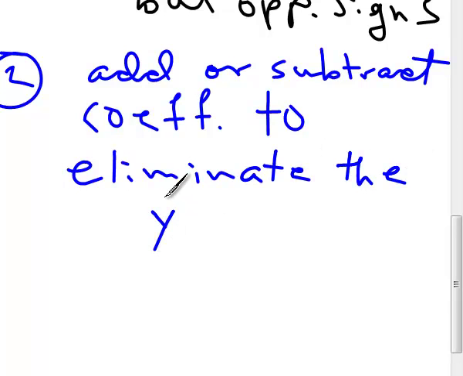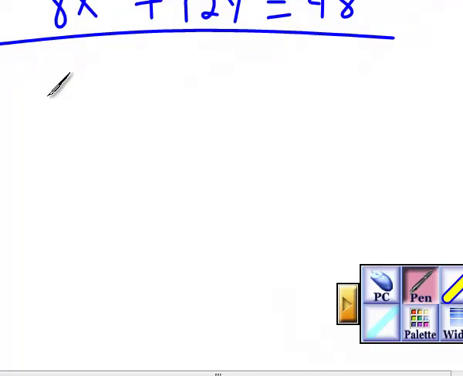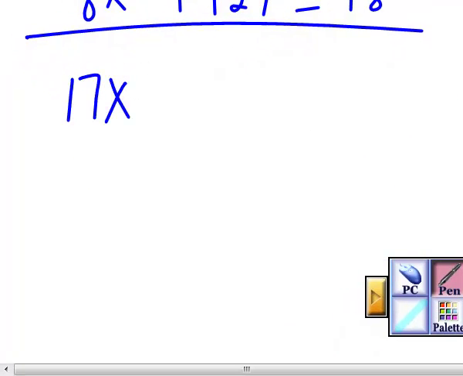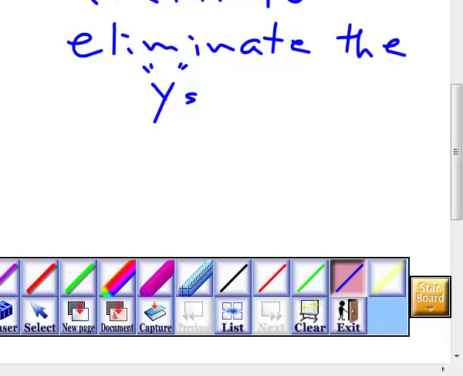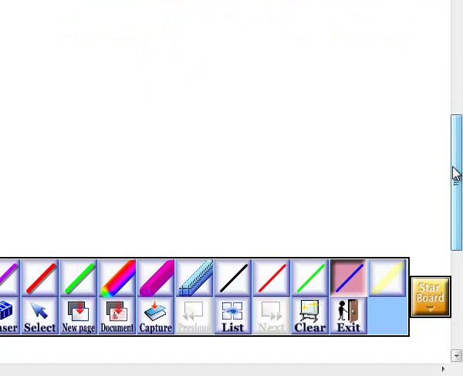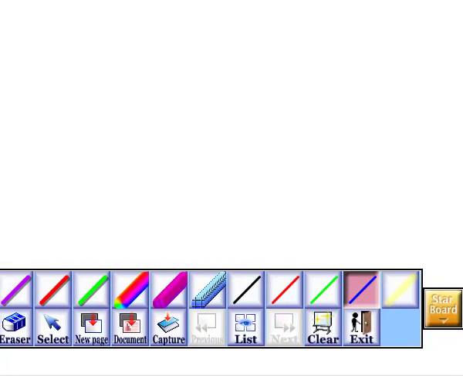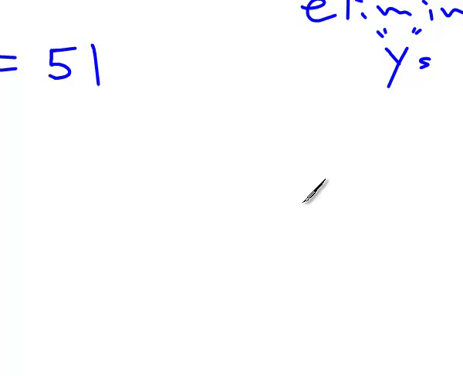So that would be a positive 9x and a positive 8x, that would give us a what? 17x. And you got negative 12 and a positive 12. Well, they cancel out, right? That's like saying 0y. But we don't normally write 0y. We just leave it blank, right? But that's really what we're doing. And that's the whole idea, to eliminate the y's. And then 48 plus 3, that's 51.